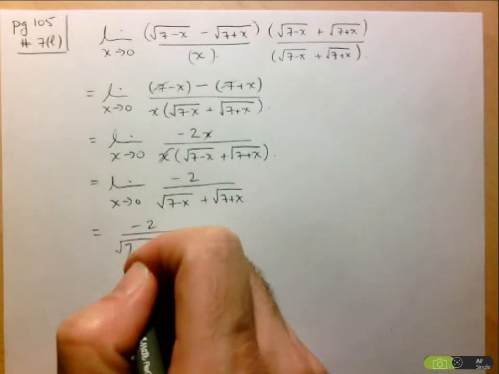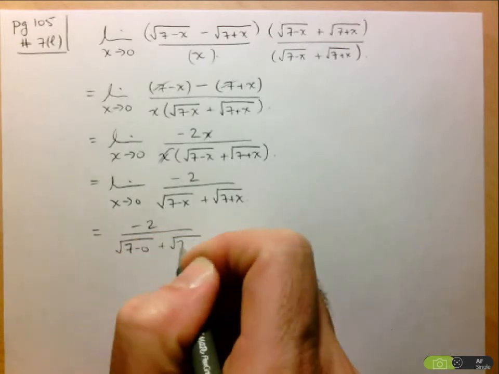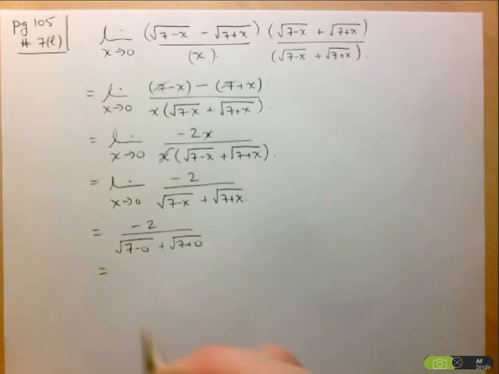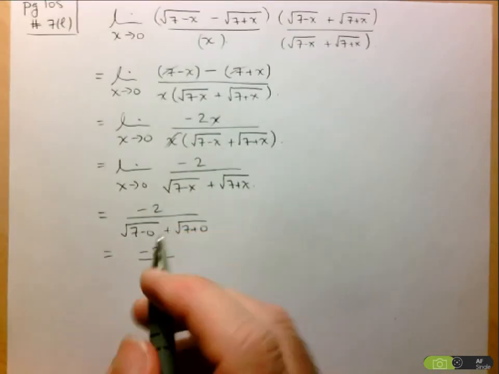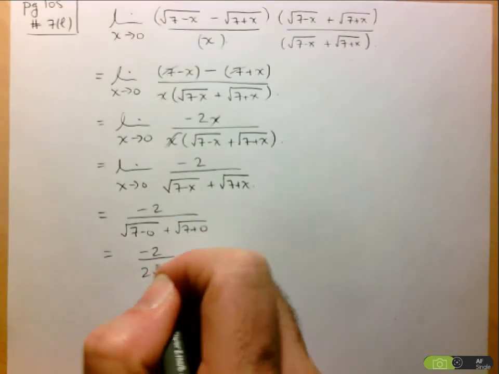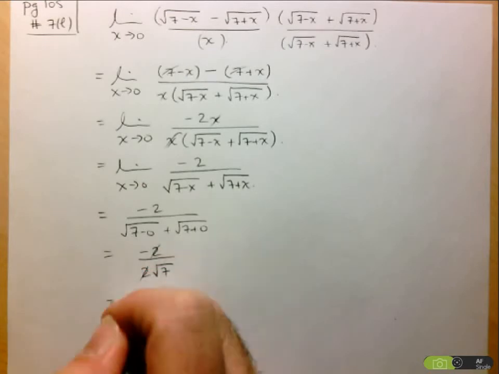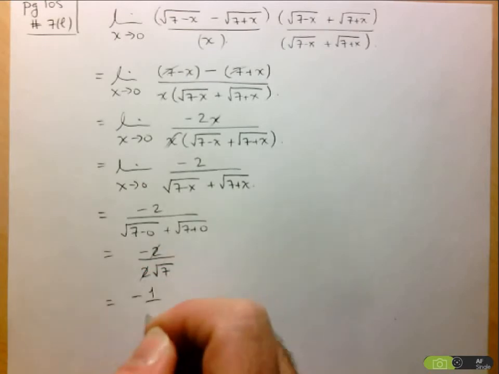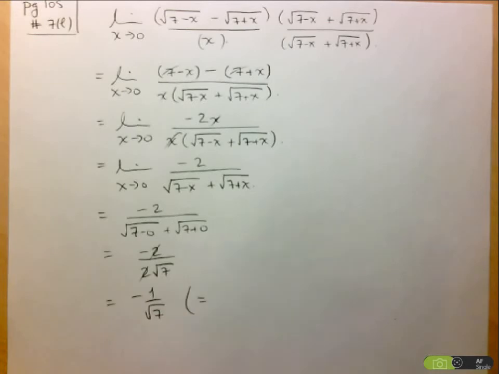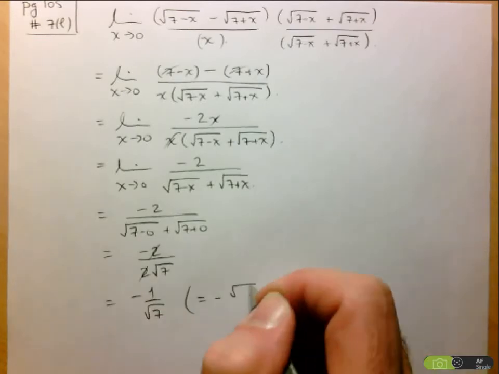So here we've got 7 minus 0 plus 7 plus 0, and so we're left with negative 2 over root 7 plus root 7 is 2 root 7, and so reduce that all the way, and we've got negative 1 over root 7, or if you do want to rationalize, that would just be negative root 7 over 7.